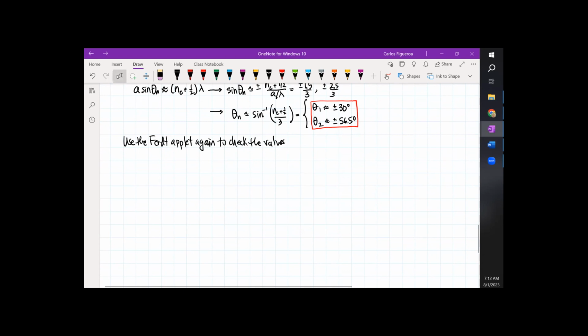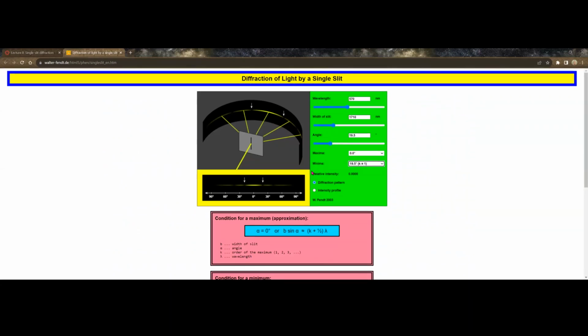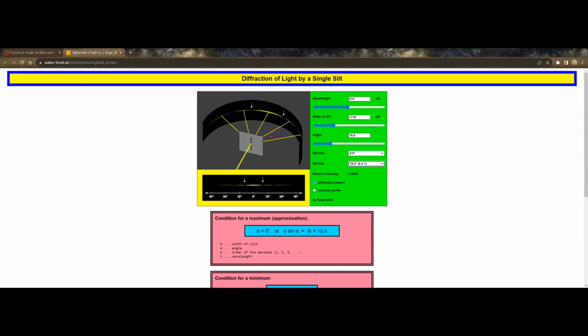So if I go and look at this, here's what I'm seeing. If I click on the minimas, it gives you all the minimas. But if I click on the maximas, it gives you all the maximas. You could see that there's one that's central. Then I have 28.5 and 55.1.